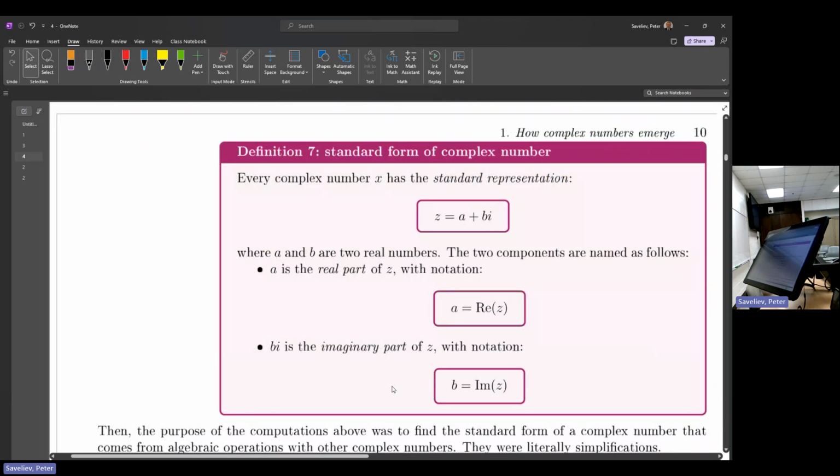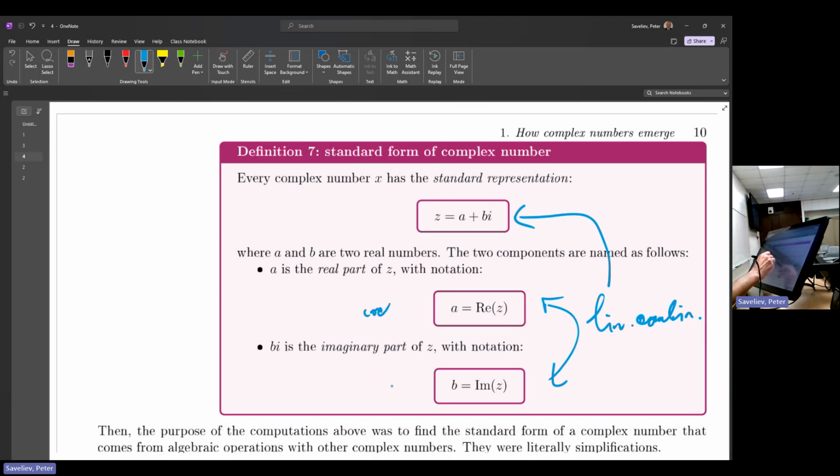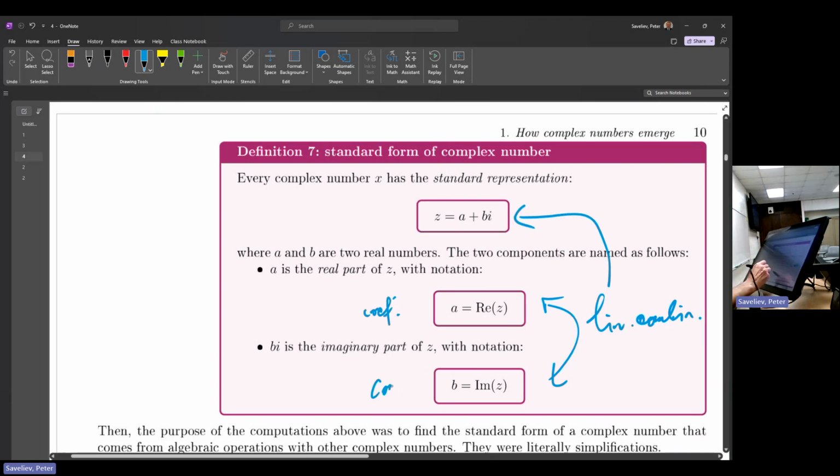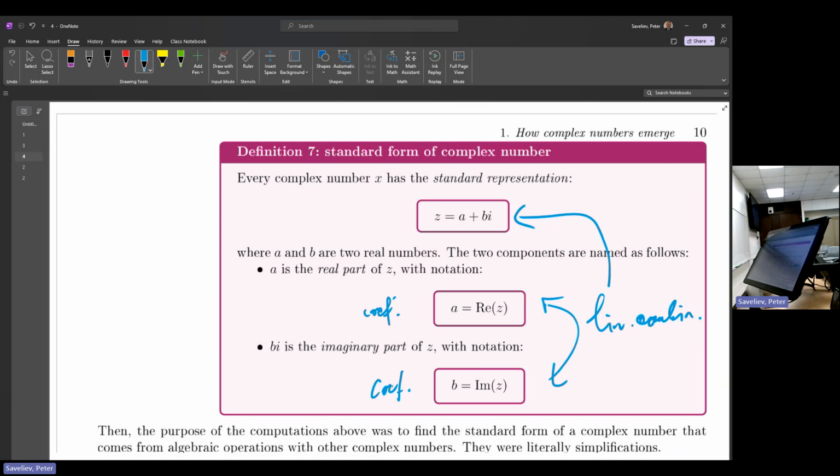So a real part, an imaginary part, like I said, is quite literally a linear combination, and these are the coefficients. The coefficients are all real, by the way. The real part is a, and b is the coefficient of i.